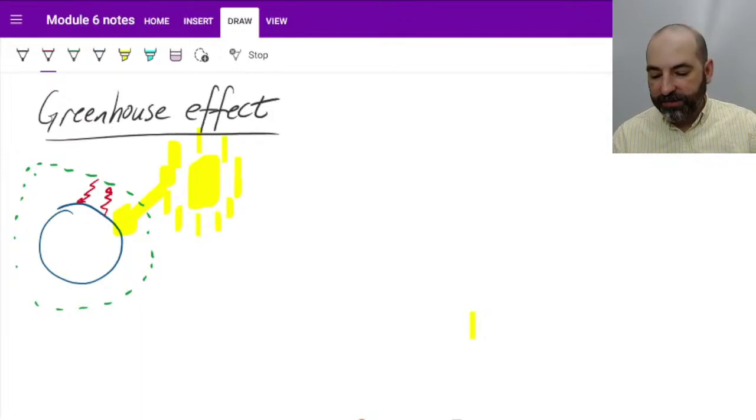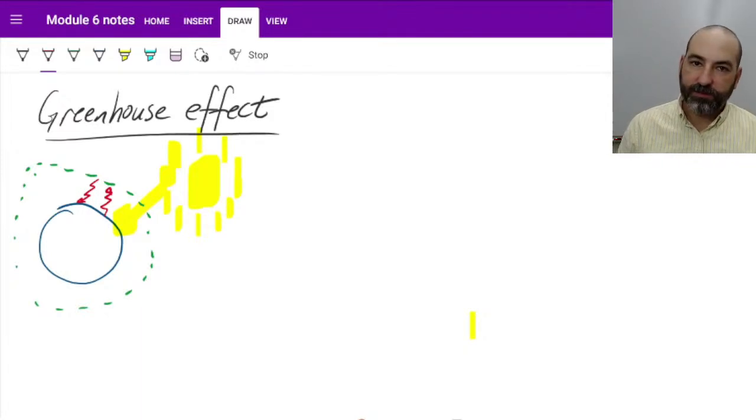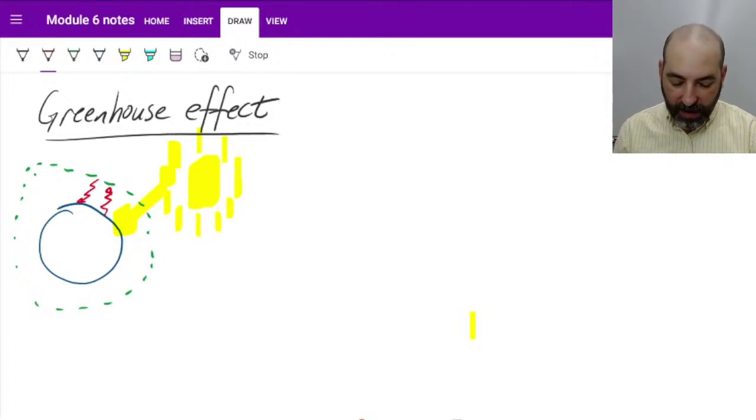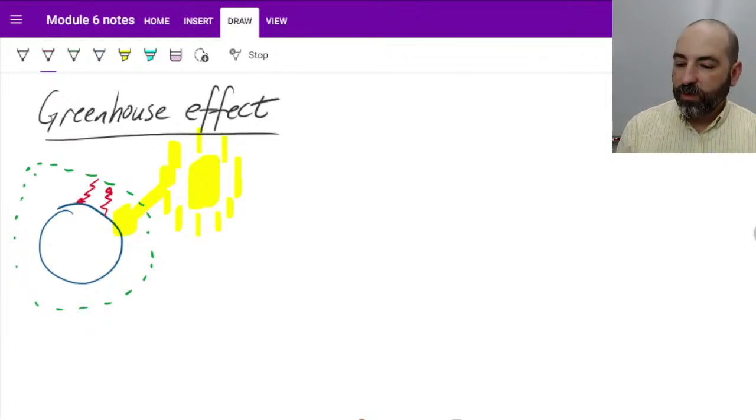But because we have these gases in the atmosphere, it allows the light to reflect back to us and have this warming effect. So without the greenhouse effect, as it's known, we wouldn't be able to survive on the planet, because the heat from the sun would simply heat up the ground and water, and then it would reflect out to space. So it wouldn't stay here.